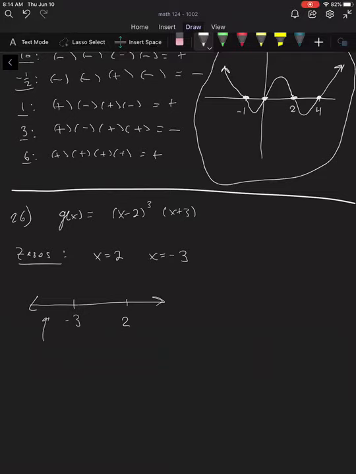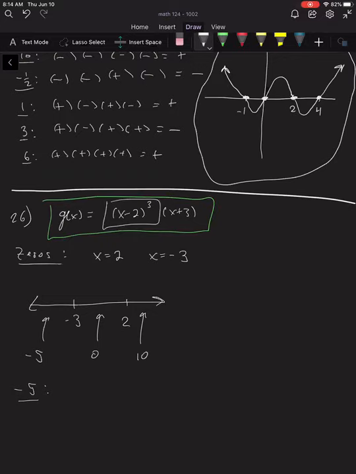Two numbers to the left of -3, just, I don't know, -5. In between -3 and 2, we've got 0. And bigger than 2, we could choose 10. So if we plug -5 into g of x, we already have it written up here. If we plug -5 in right here, we're going to get a negative number cubed, which is a negative number. And if we plug it in right here, we would get another negative number, so that's going to be positive.